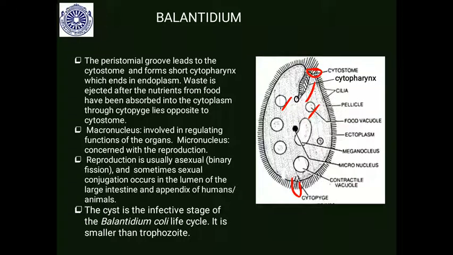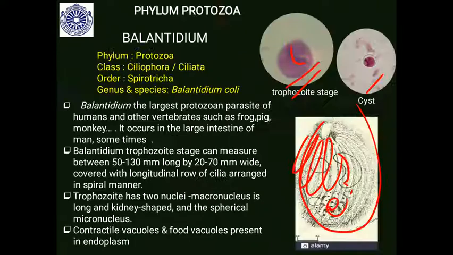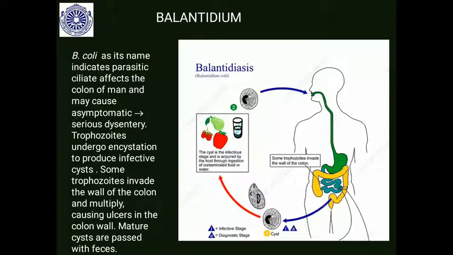In humans, it is usually present in the lumen of the large intestine, the colon. That's why it's called Balantidium coli, present in the colon and appendix of the human. The cyst is the infective stage. You have seen the cyst, so this is the infective form.